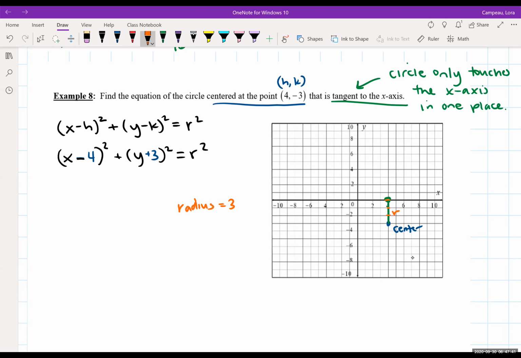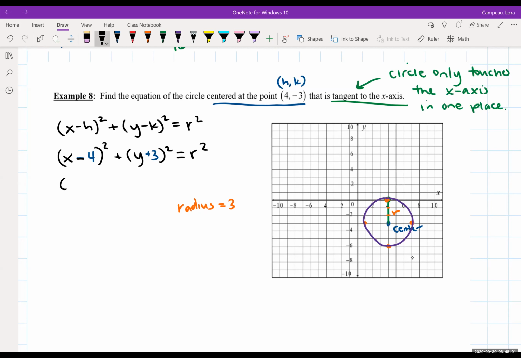If you prefer, you could count 3 units out from the center and then make yourself a pretty graph, which sometimes is helpful more for the other conic sections. But it does give us an idea of what kind of equation we'll be looking at. So last thing we just need to update is the r.